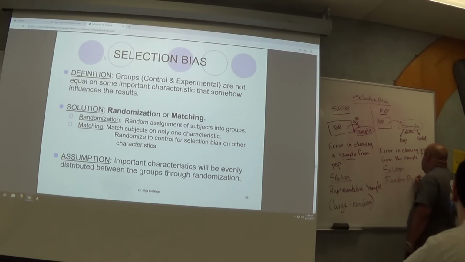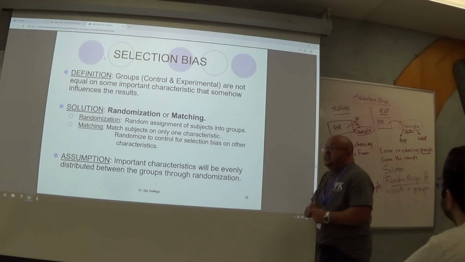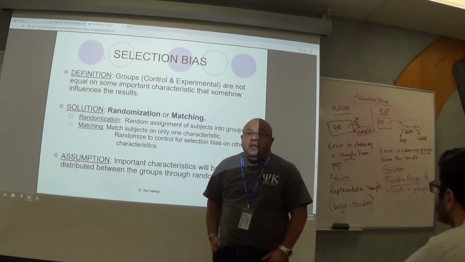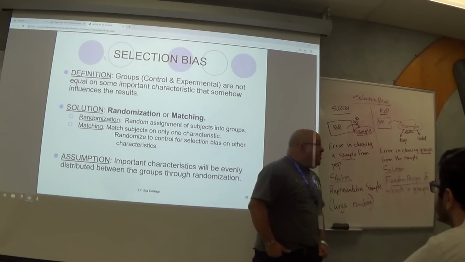So it's really called random assignment of subjects into groups. So the sample goes into groups through random assignment. So this is how we solve that. That was step 3 in conducting an experiment. And I said if you don't have that, you don't have an experiment, right? So you absolutely have to have that.